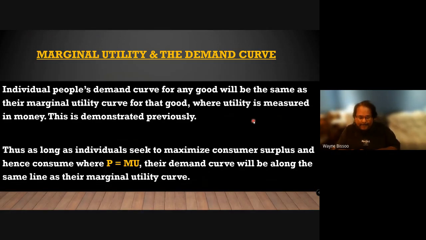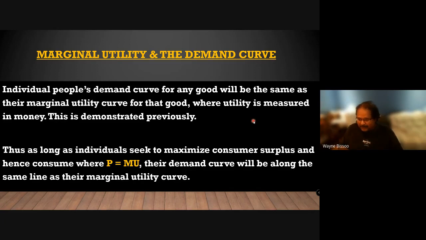Because in order for us to continue consuming the good, because we know our satisfaction is falling for every successive unit that we consume, the price of it must be falling. So far, so good. And of course, if the price is very low, it allows us to buy more of the good. So when prices are low, we will buy more. But when prices are high, we will buy less.